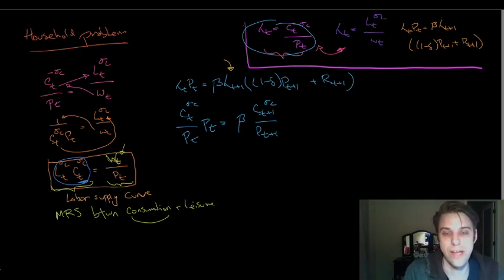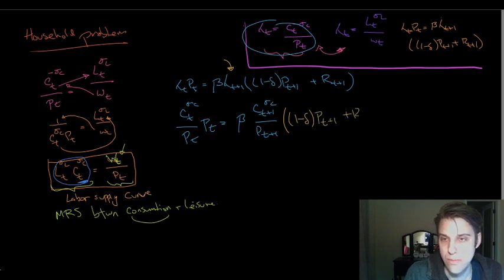So if you find here that lambda t is equal to Ct to the minus sigma c over Pt, it'll also be true at t plus 1, t plus 2, t plus 3. You can just increment these indices. So that's what we did here. We incremented the indices and replaced it. And then we're going to have 1 minus delta Pt plus 1 plus rt plus 1. So this cancels.